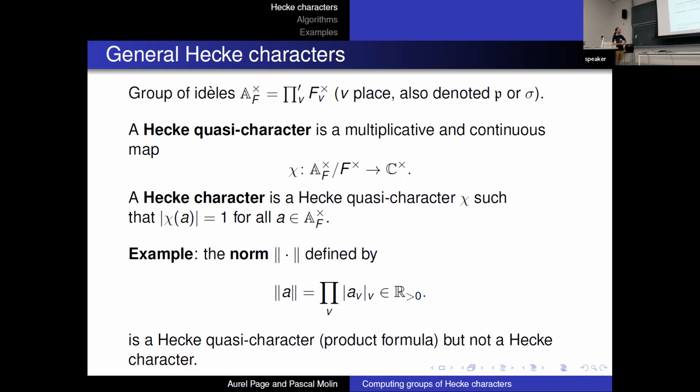This is called the norm, and the product formula tells you that it vanishes on F star. And in particular, it's an example of such a quasi-character. It's fairly easy to see that it's actually not a Hecke character. It doesn't take values of absolute value 1. In fact, because the values are positive reals, if it had absolute value 1 always, then it would be identically 1.